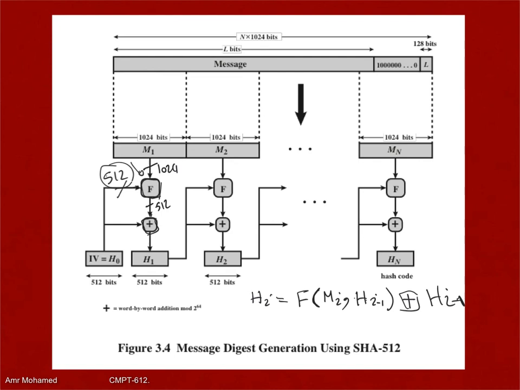This is what we call block chaining. Block chaining is done through a pipeline. As you can imagine, this is the ultimate output that we want, and this output is based on all these other steps, all these chains of blocks.